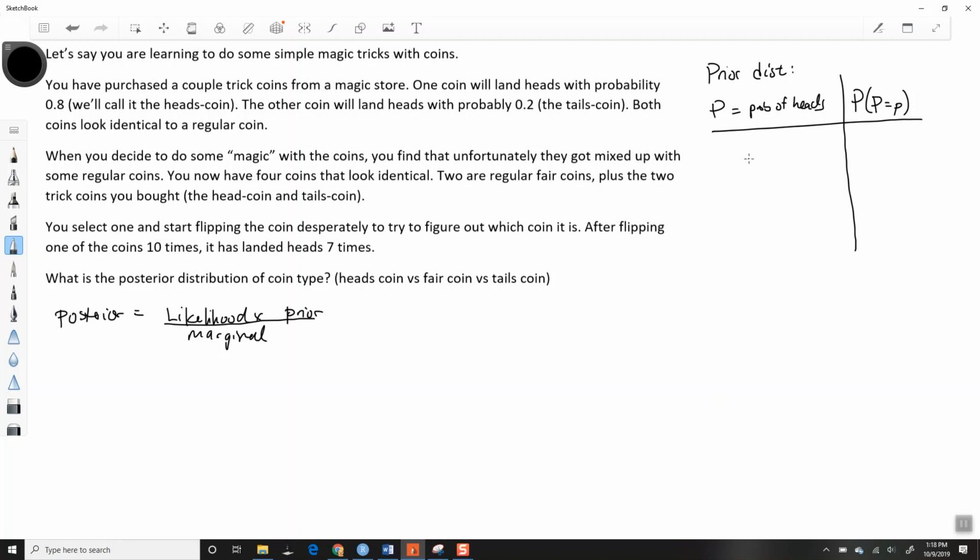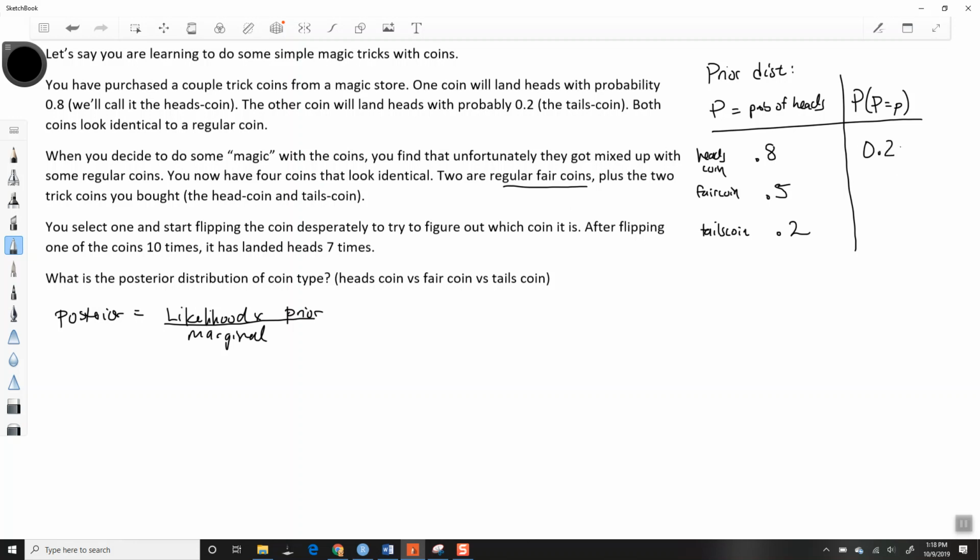Okay, so the probability of heads can either be the heads coin, fair coin, or tails coin. So this can be 0.8, 0.5, or 0.2. We've got three possibilities for what P is, and because of this, we've got two regular fair coins, plus one heads coin and one tails coin.